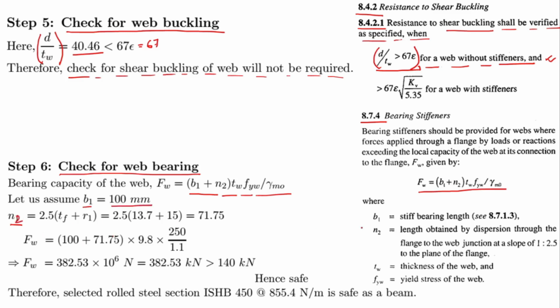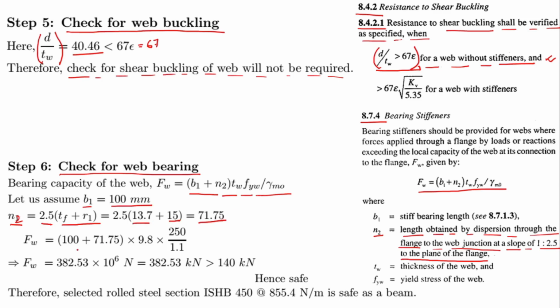N2 equal, if I see, N2 equal length obtained by dispersion through flange to the web junction at a slope of 1:2.5 to the plane of the flange. So N2 equal 2.5 TF plus R1. If I put the values of TF as 13.7, R1 as 15, so N2 is calculated as 71.75.